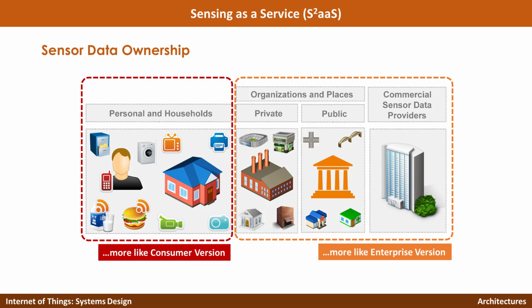For example, we previously talked about the sensors deployed on the Sydney Harbour Bridge. That kind of data could be available for anyone, so they can reutilize and reanalyze it for different purposes. Then the fourth category of ownership is commercial sensor data providers. We could imagine companies who opportunistically deploy sensors so they can sell the data.